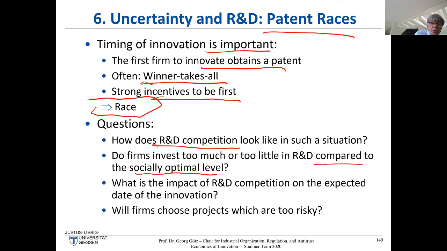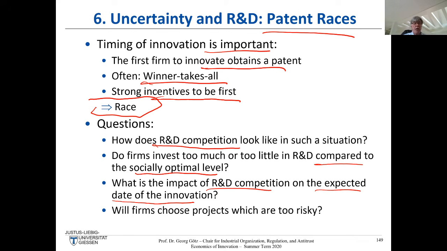The other point, of course, is that R&D competition can actually speed up the expected date of innovation. If you have competing projects, then you might end up with a success earlier. That's what we saw with the sequencing of the human genome project.